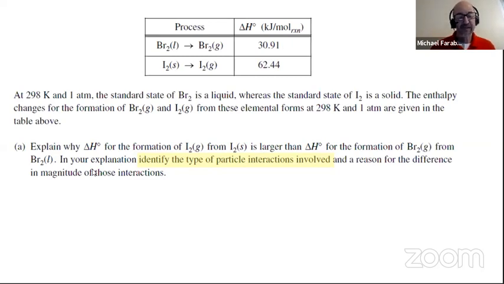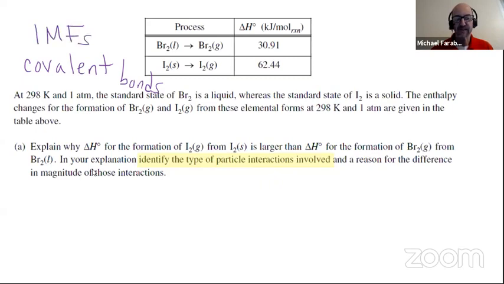Some students, hopefully not you, think that when you go from a liquid to a gas or a solid to a liquid, you are breaking covalent bonds, which you are not. But some students don't know the difference between covalent bonds and what I would call intermolecular forces, or IMFs. That's a very common misconception.